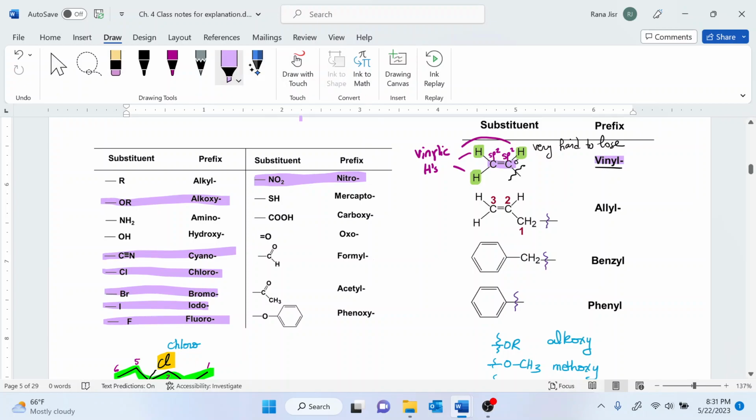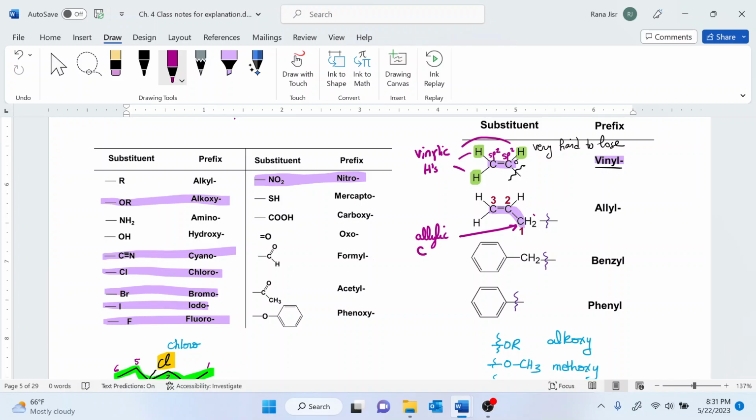The allylic group is a group which is made up of 3 carbons. 2 of them are alkenes, and 1 of them is an sp3 hybridization. This is called an allylic group, and the allylic carbon is the carbon that is an sp3 hybrid carbon. So this carbon is called the allylic carbon.